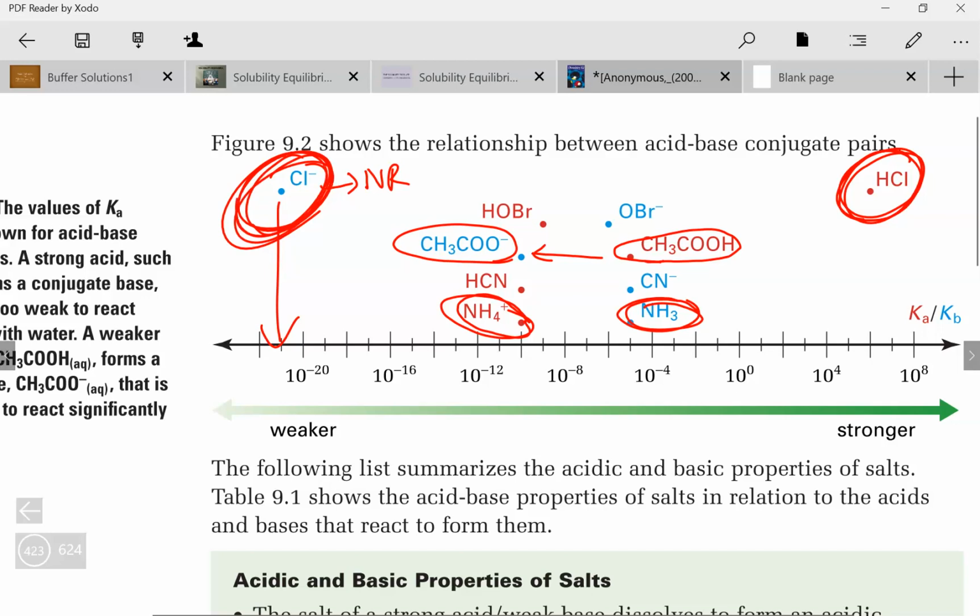It's just regular old weak, which means we can calculate a Kb or Ka for a conjugate. It might be small, like 10 to the power negative 10 or negative 11, but it's not negative 20, which is like a million times less strong. CN minus is a base, and we have a conjugate acid, both of which are weak.